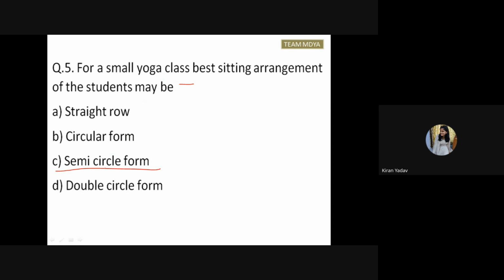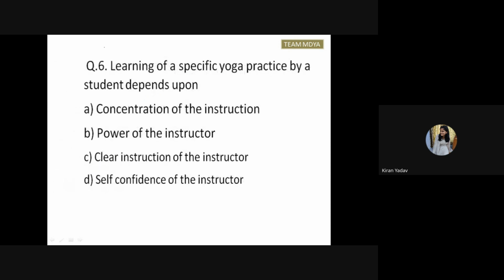After the fifth question, sixth is: learning of a specific yoga practice by a student depends upon concentration of the instructor, power of the instructor, clear instruction by the instructor, or self confidence of the instructor. I think C. Ma'am, C. Yes, see. Now let's see.